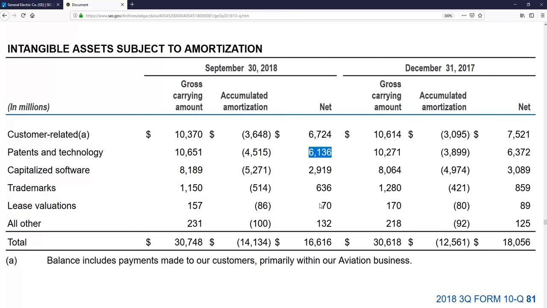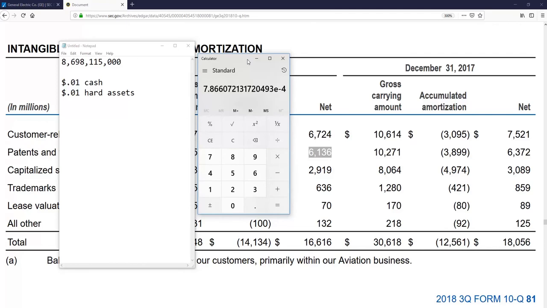The lease valuations is fine, and then you see this all other here, which is a fairly small number, but it is there. I'm not going to include that. So patents and technology and trademarks and their leases. All right. Very small number. We're just going to put this at 0. It's going to be soft assets. All right.